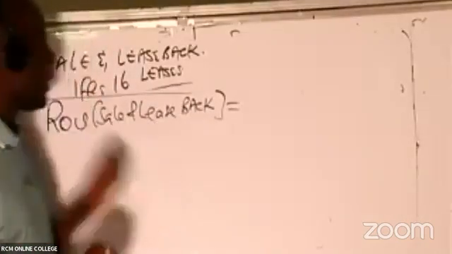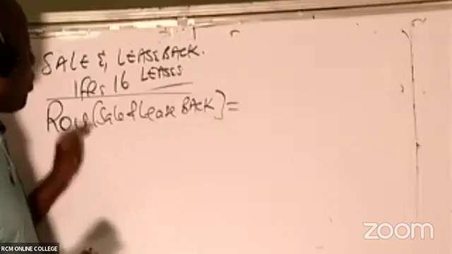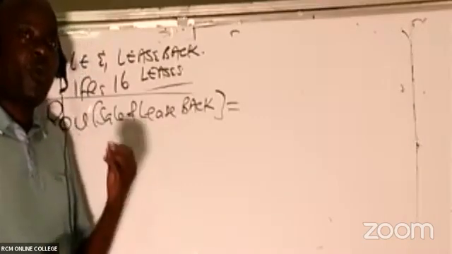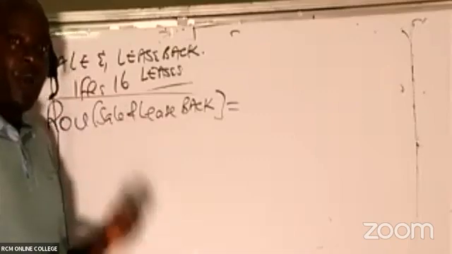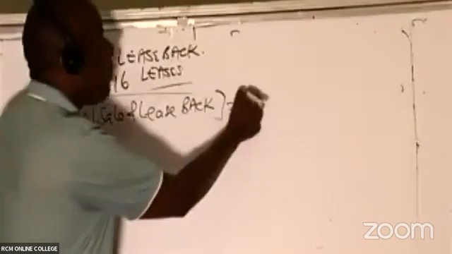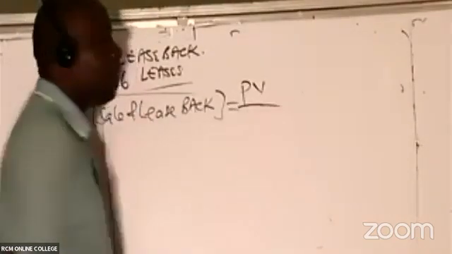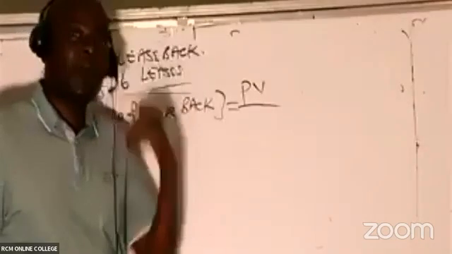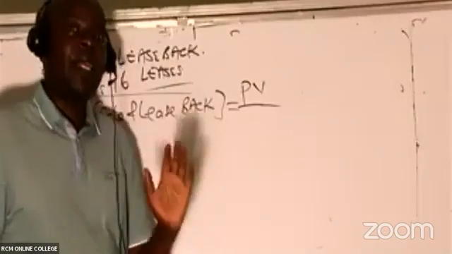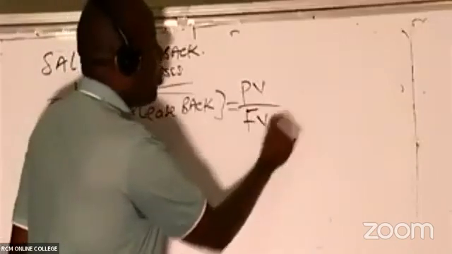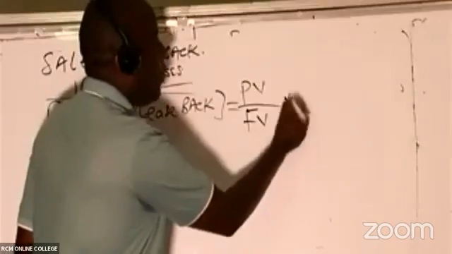Now, ladies and gentlemen, anytime they want us to get right of use, because for IFRS 16, when I'm the lessee, I must compute what we call right of use. And you can see what they're telling me: to get right of use, go and take the present value of the future rental payments that we shall be paying, discount them, get the present value, over the fair value, times what we are calling the carrying amount.